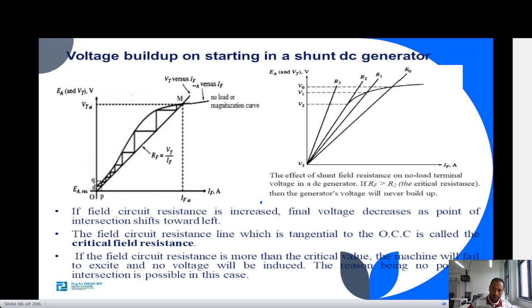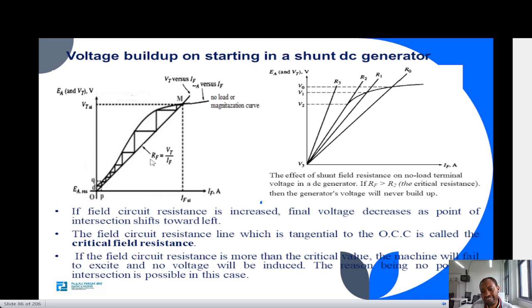What will happen if we increase RF? Obviously, if the field circuit resistance increases, the final voltage decreases as the point of intersection tips toward the left.